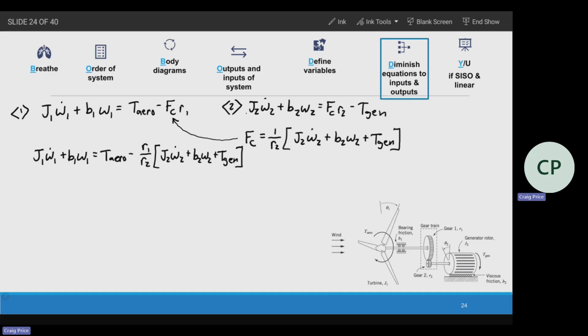So is there a way to simplify? Anyone got any ideas? Like if I spin gear 1, does gear 2 move? Are the speeds related? Are the velocities related? Is omega 1 related to omega 2?